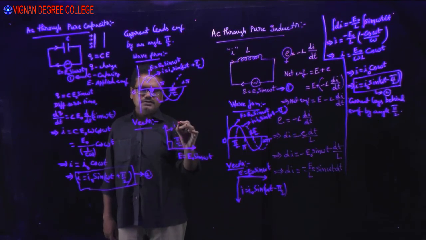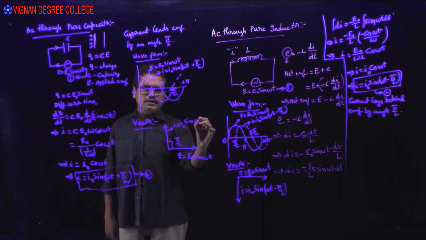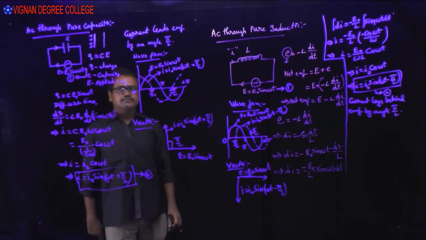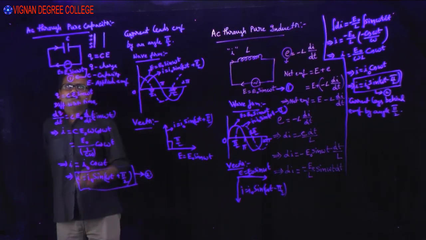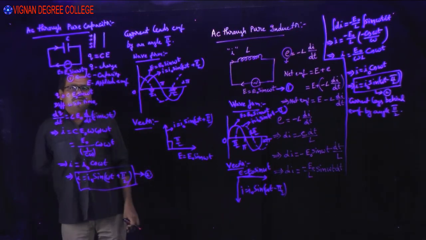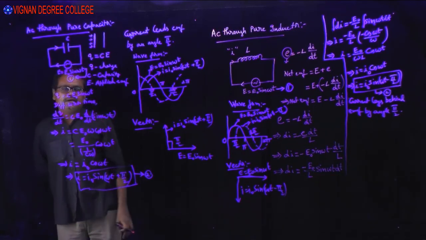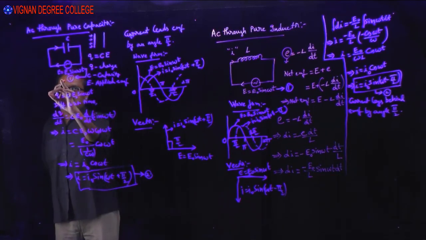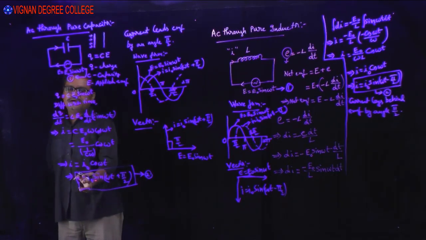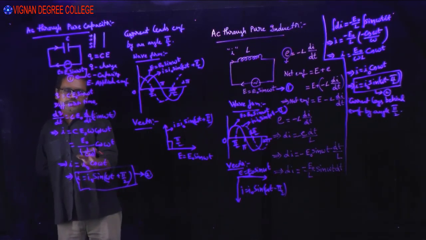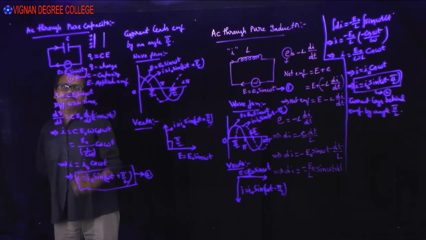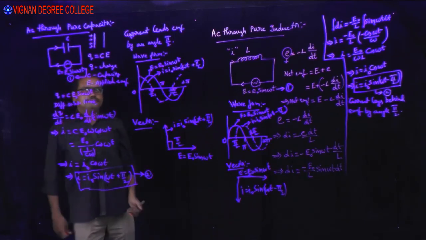This represents I is equal to I naught sin omega t plus pi by 2. Finally, in a pure circuit which is connected to a capacitor and EMF, the relation is EMF lags behind current by an angle pi by 2, or current is leading by an angle pi by 2 with EMF. Thank you.